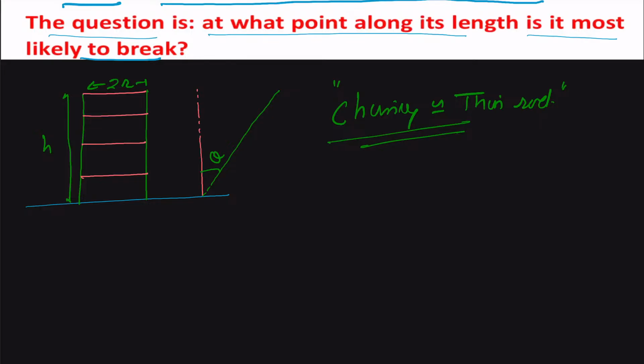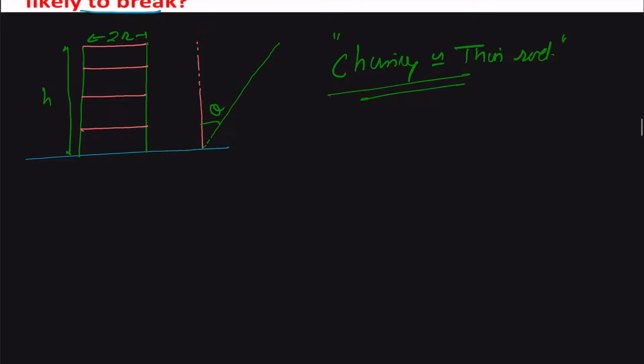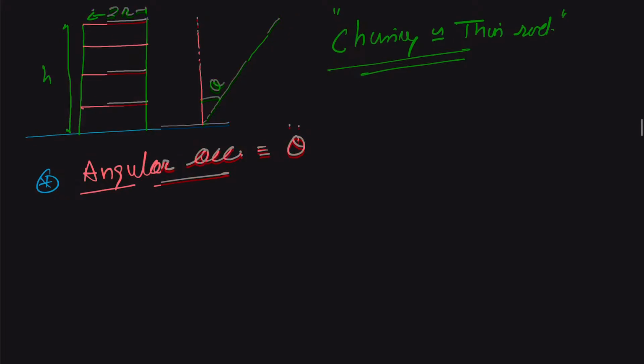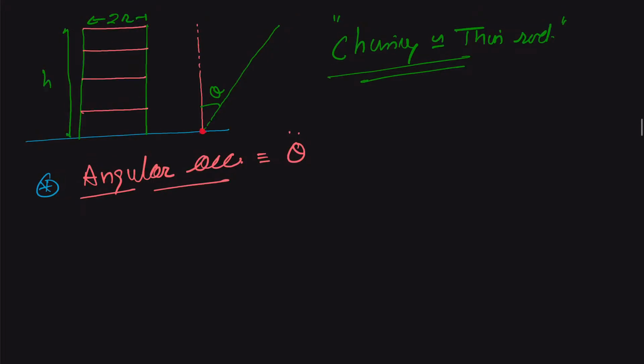So let's find out what will be its angular acceleration. We start with the angular acceleration, which will be the double derivative of theta, that is the angle of inclination, and it is going to pivot about its end.